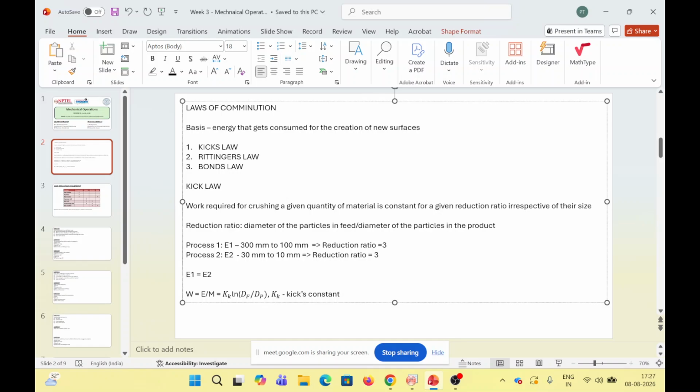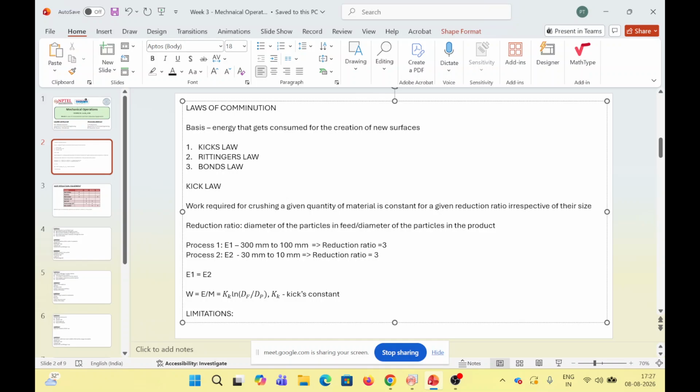But that is also the limitation of Kick's law. The major limitation is that if you keep the reduction ratio constant irrespective of the size of particle involved, the amount of work required to crush the given quantity of material is constant.